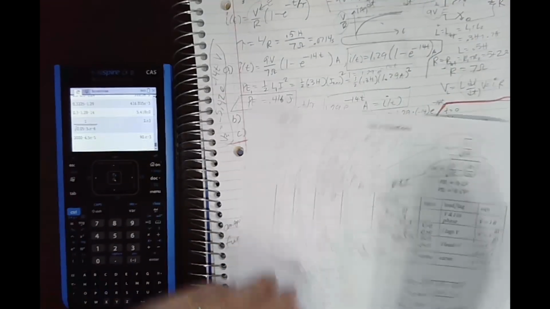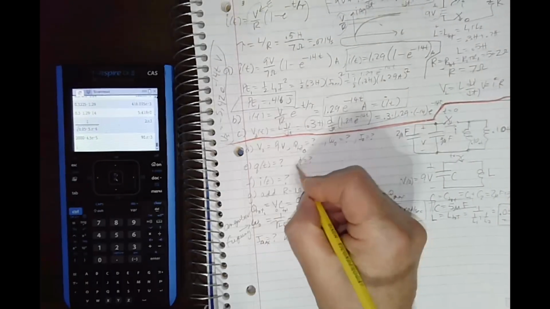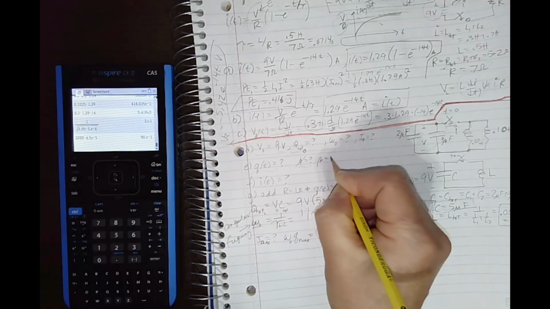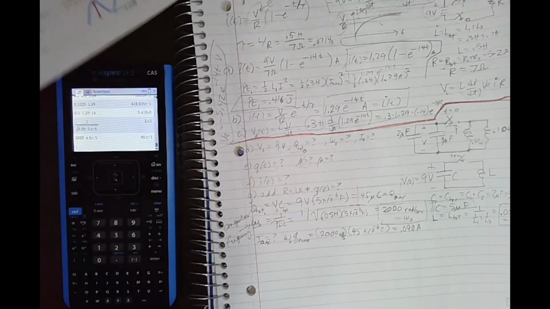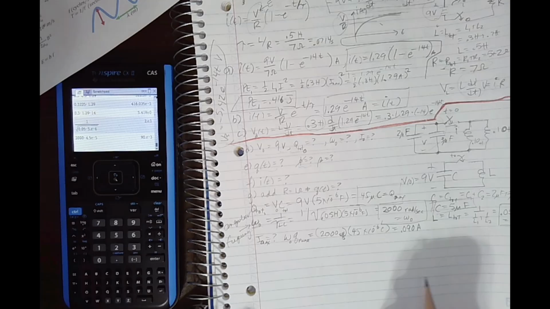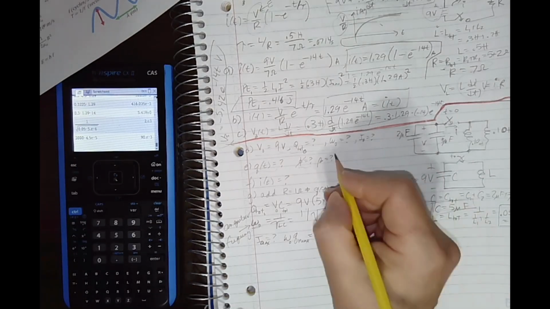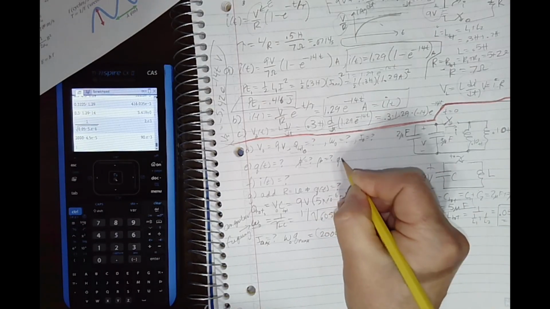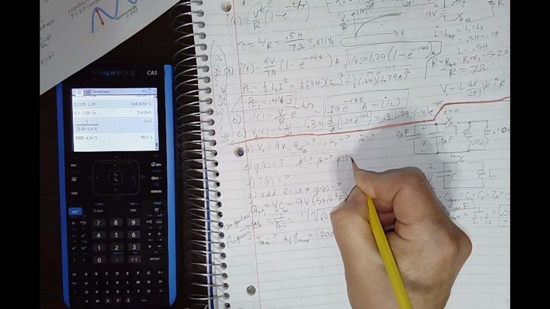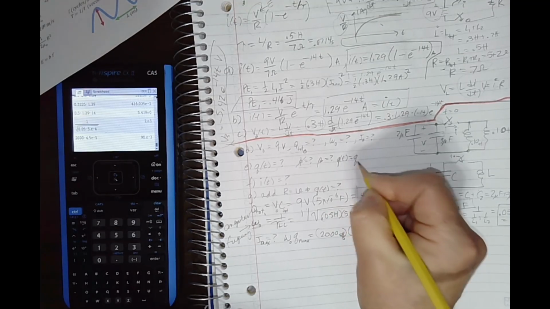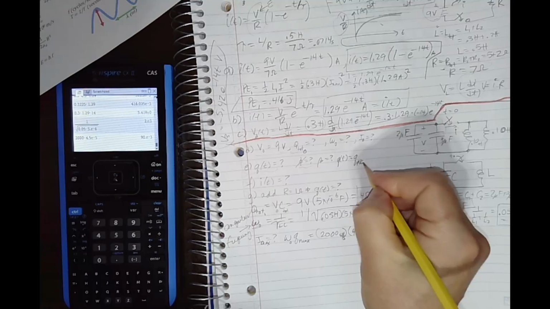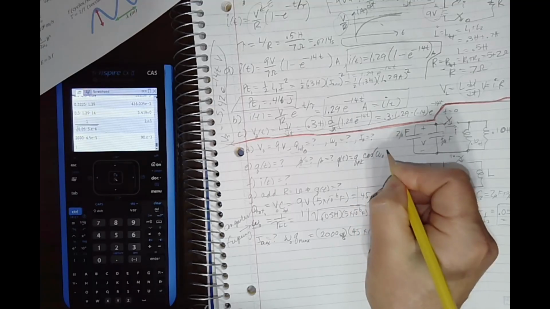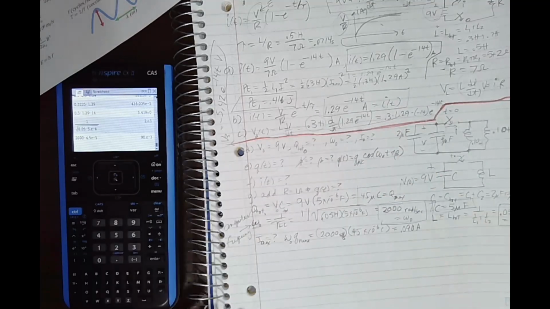We don't have our beta yet, so we need to get it to find everything numerically. Let's write it out: Q of t is Q peak cosine of omega naught t plus some phase shift.